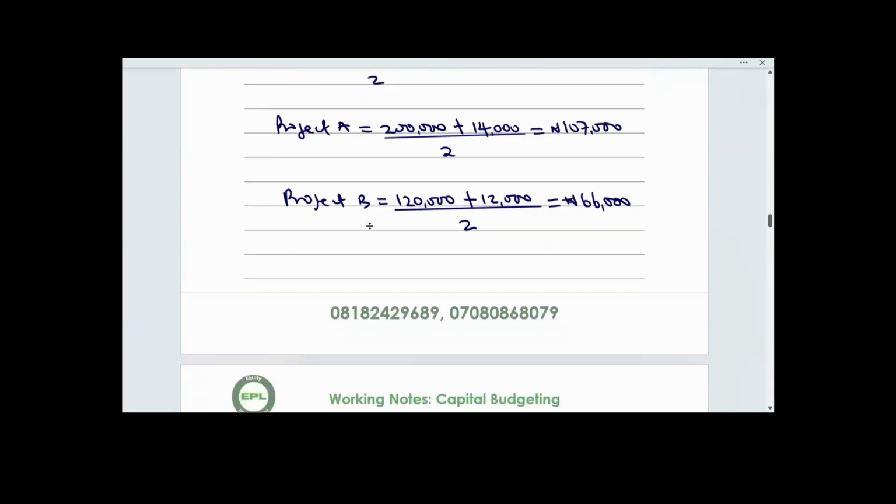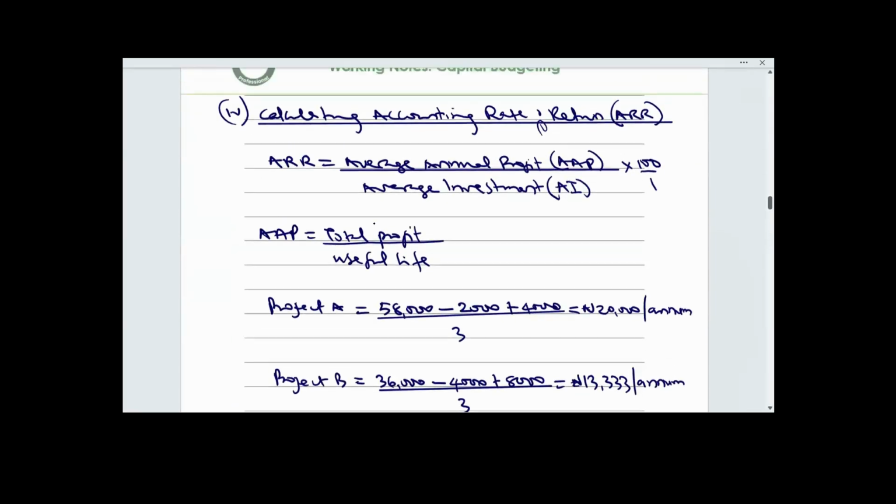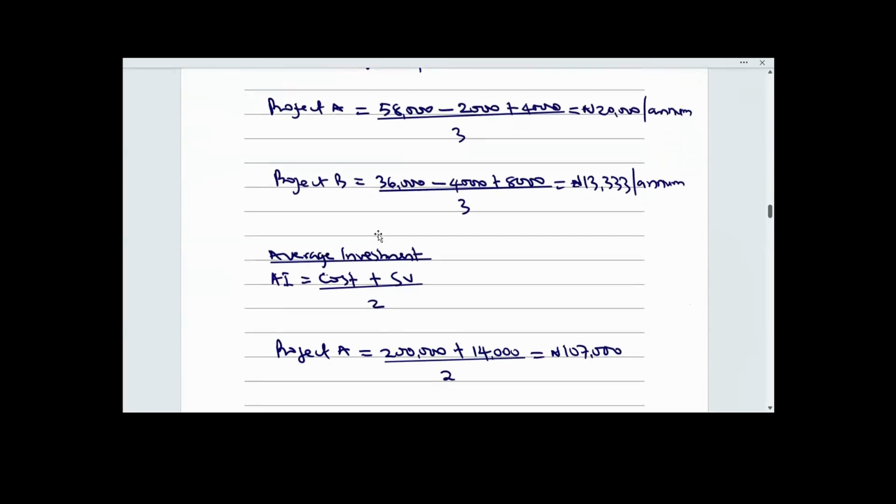So we have calculated average annual profits. We've also calculated average investments. We can then proceed to calculate the accounting rate of return. For project A, we said accounting rate of return is average annual profits divided by average investments.